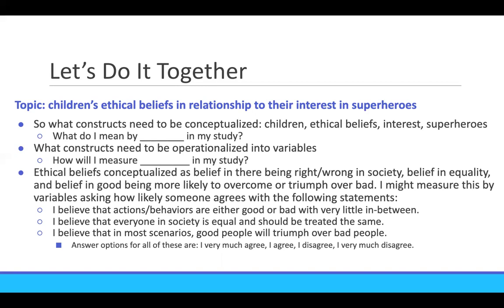Because keep in mind, you're trying to build upon the body of knowledge that already exists. But for my fake example, I literally made this up off the top of my head. So if that's how I conceptualize ethical beliefs, then I might measure it by variables asking how likely someone agrees with the following statements. I believe that actions and behaviors are either good or bad with very little in between.